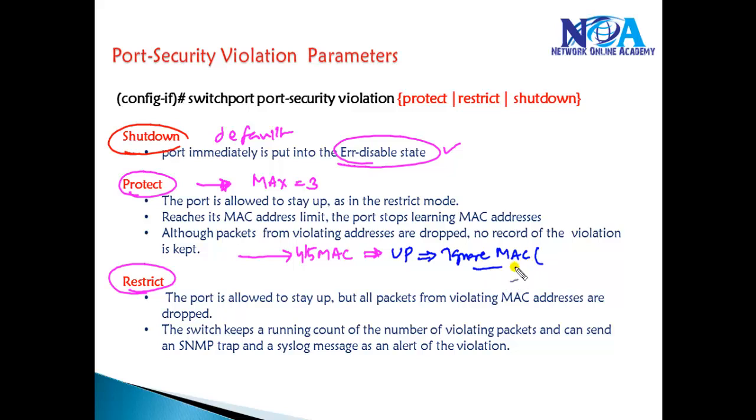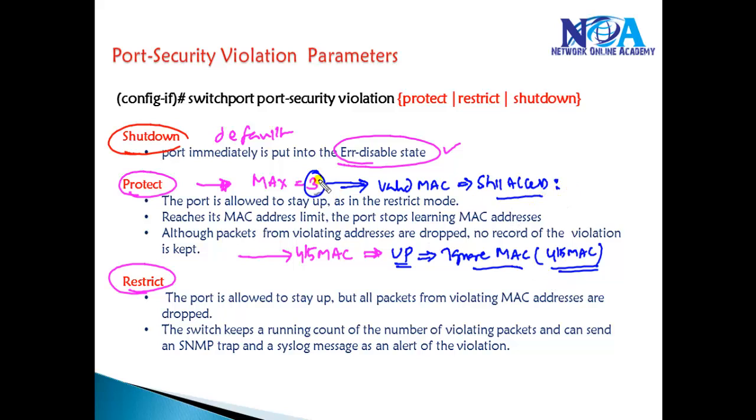From there onwards, the new 4th MAC address will not be able to communicate with the LAN resources. But the remaining 3 valid MAC addresses that were initially learned will still be able to access the resources.